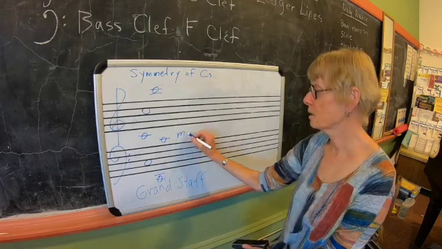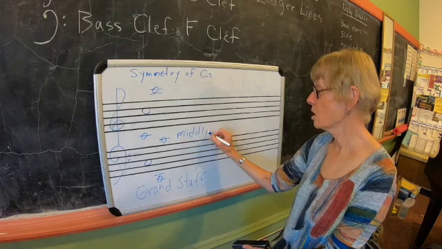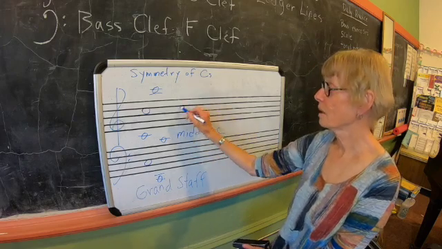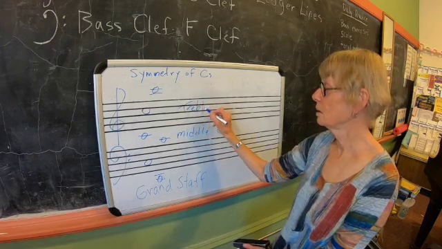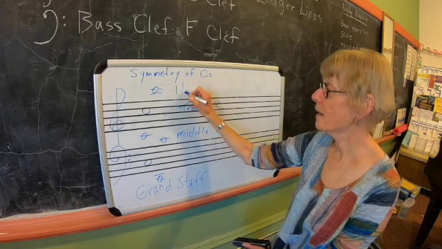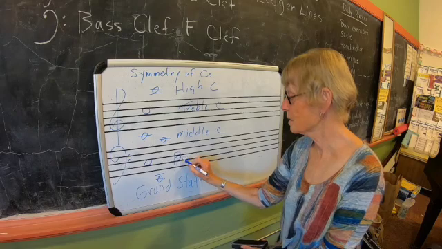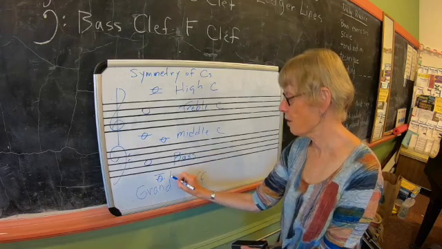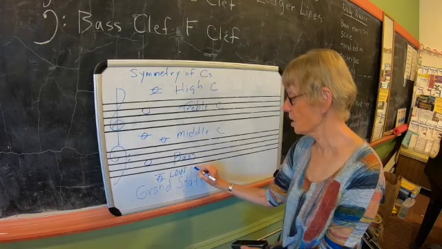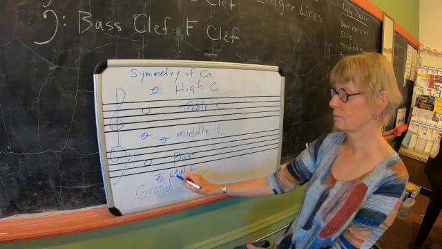This is called middle C, treble C, high C, bass C, and you can figure out right away this one's going to be called low C.